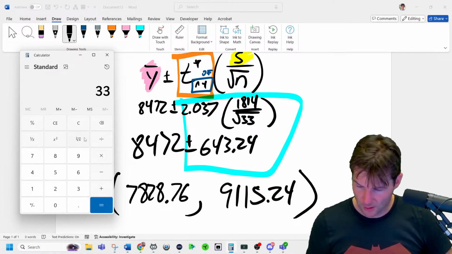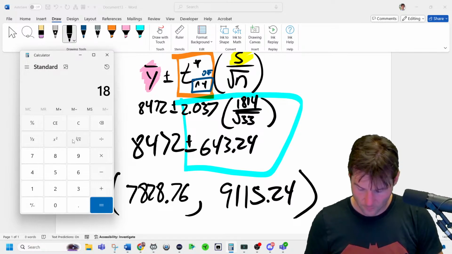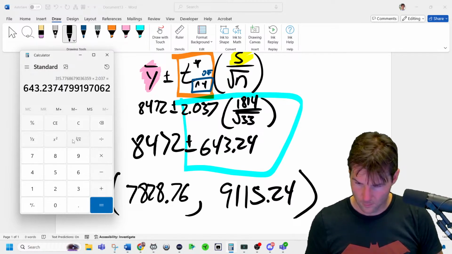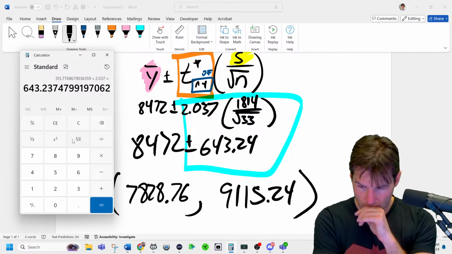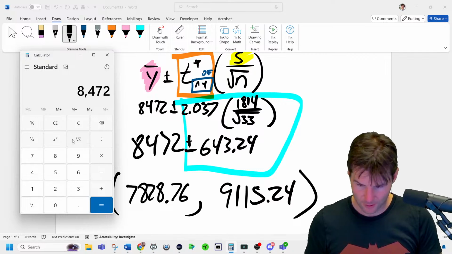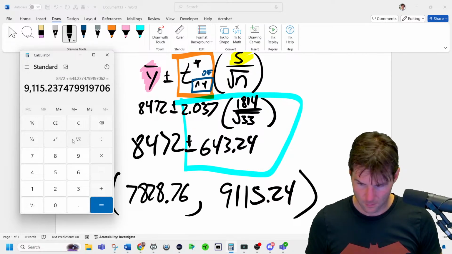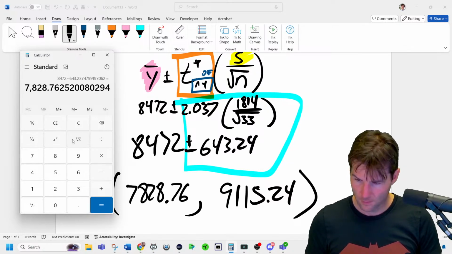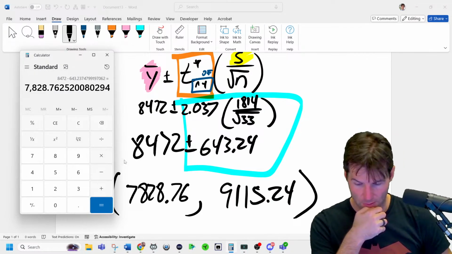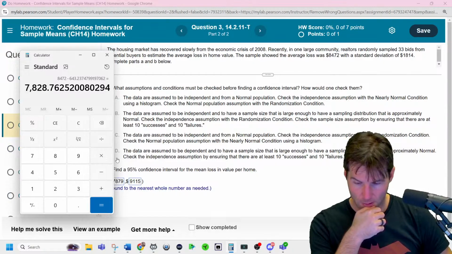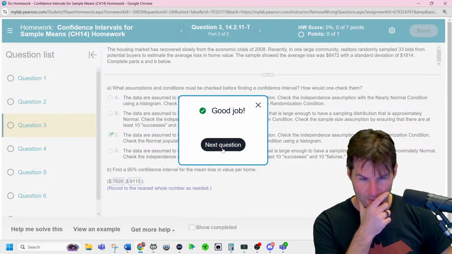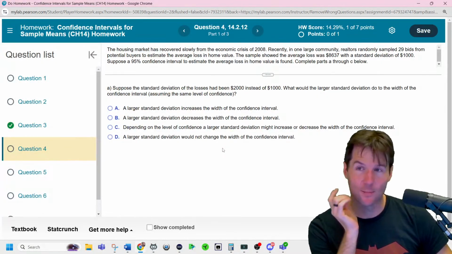So 33 square root. That's that. 8472. That's right. 7829. Oh my gosh. I can't type.